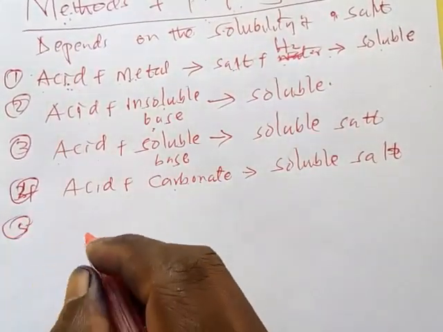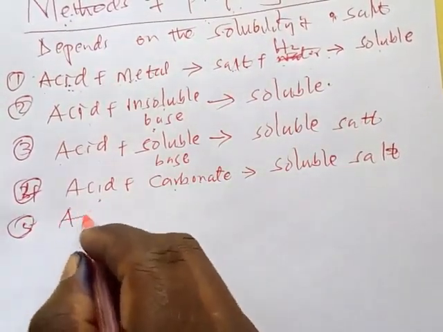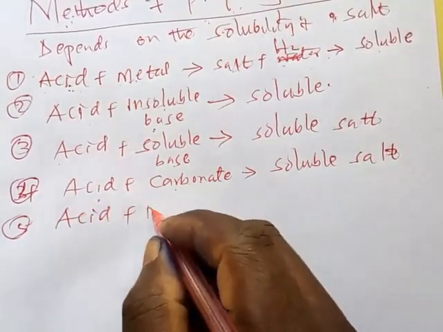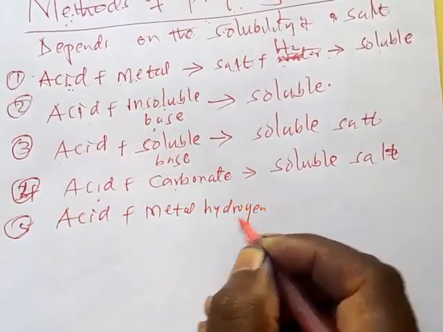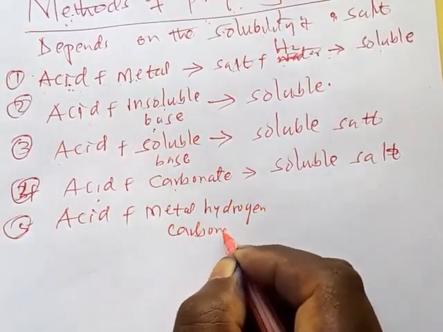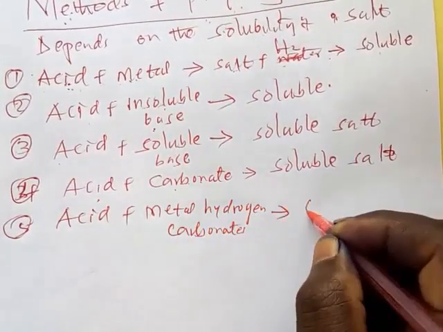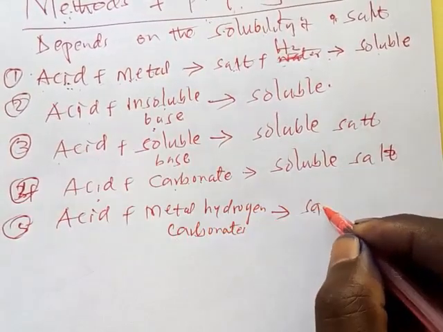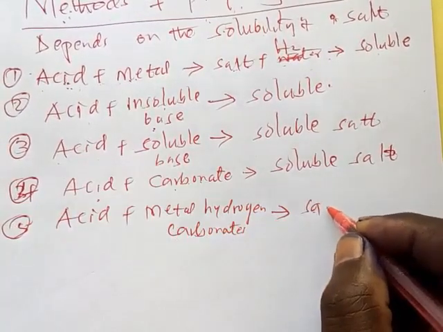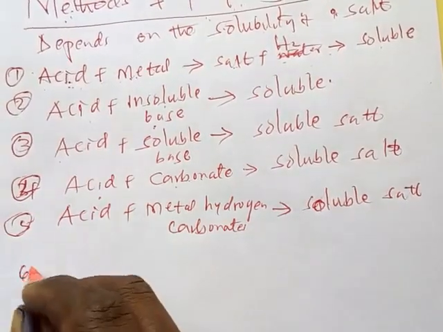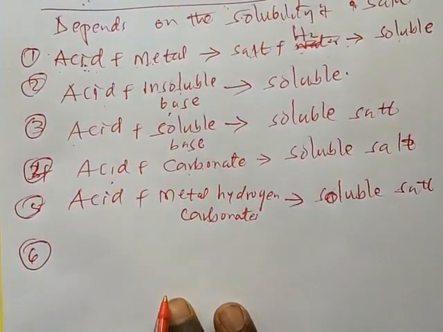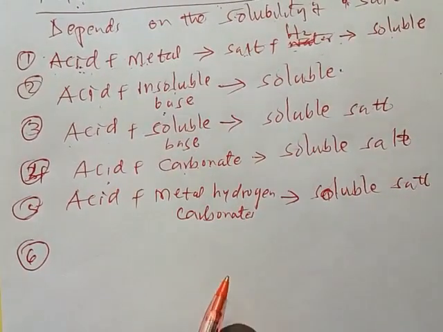Number 5, we have acid plus metal hydrogen carbonates. Metal hydrogen carbonates will also give you salt, carbon dioxide, and water. Therefore, it is a soluble salt. I said I want to just mention methods of preparing salts, because my major aim is to show you how to prepare the salts.